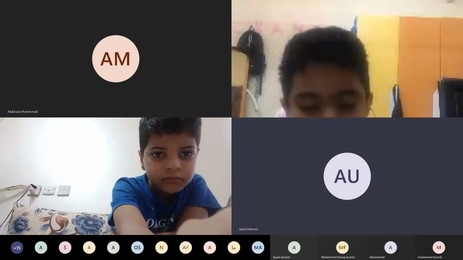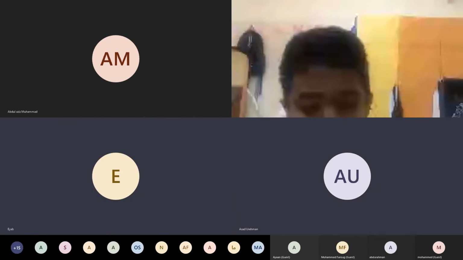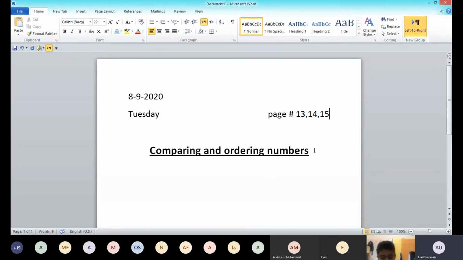Pages 13, 14, and 15. Can you see this now? We are working from these pages.